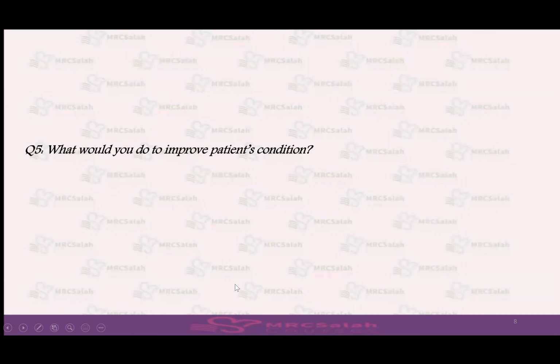Okay, what would you do to improve the patient's condition? Your patient is now hypotensive. How could you correct the situation of your patient? Yes, the questions are one by one between you. We can give intravenous fluids.